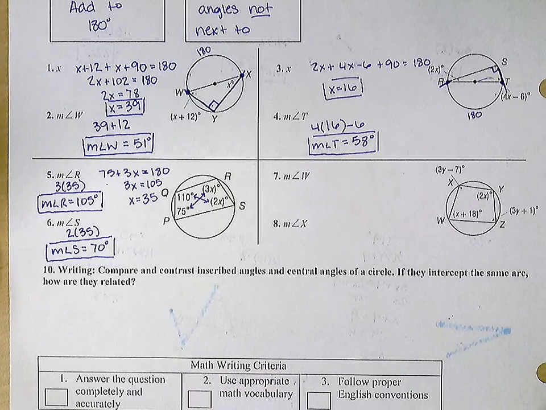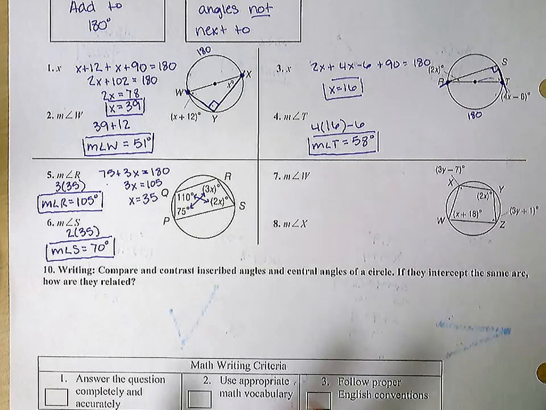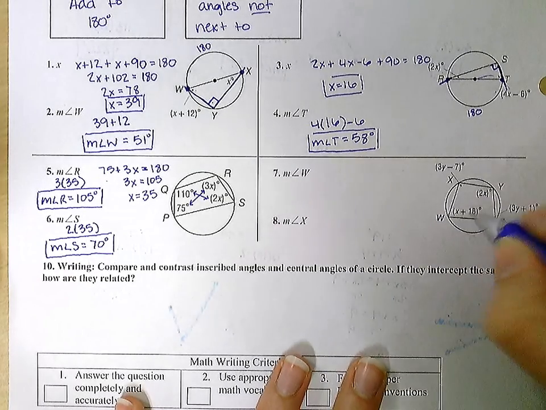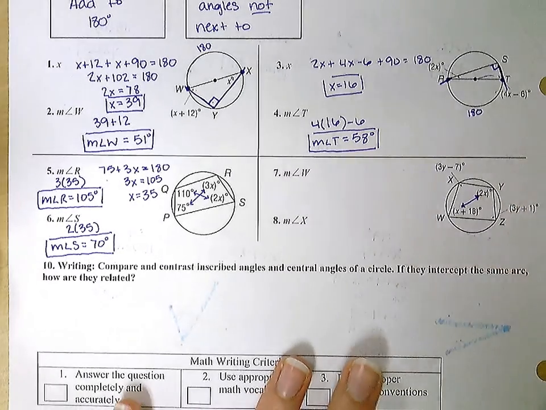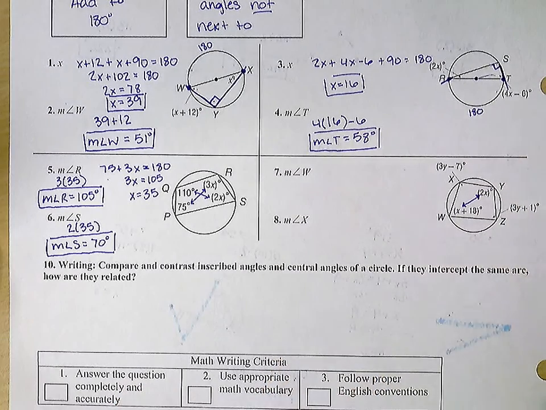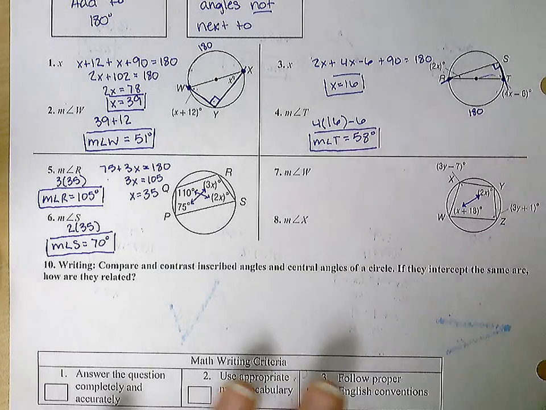All right, so I want to give you some time to work on your assignment here. So I'm going to start going through 7 and 8. For number 7, you're finding angle W. That's this one right here. So I need the angles that are opposite each other. I'm going to add those together, set it equal to 180.